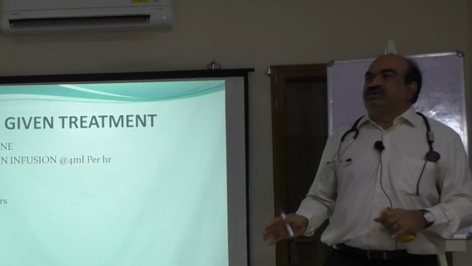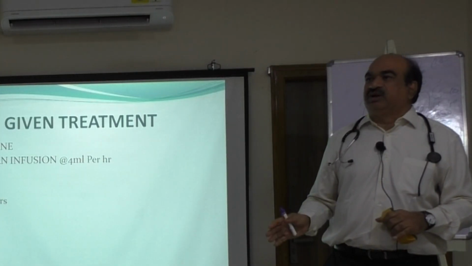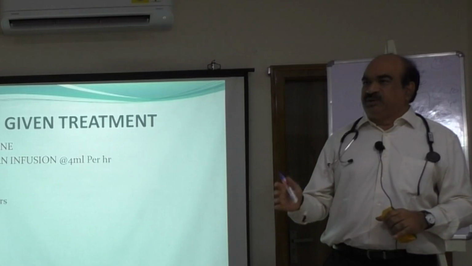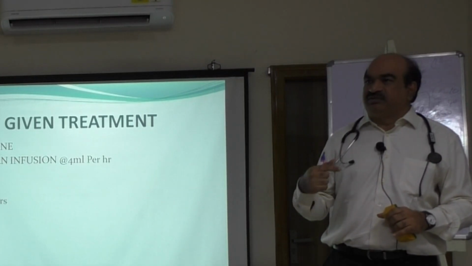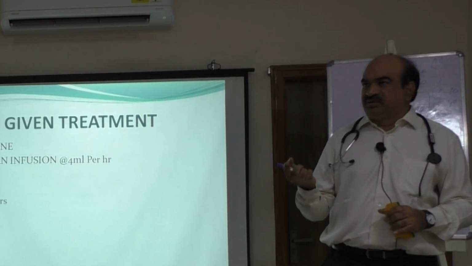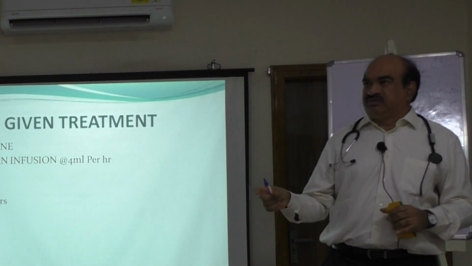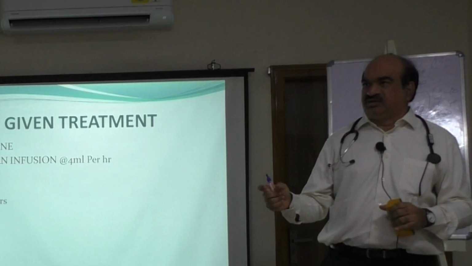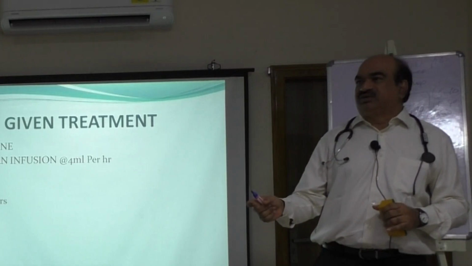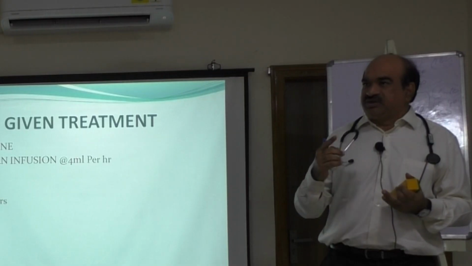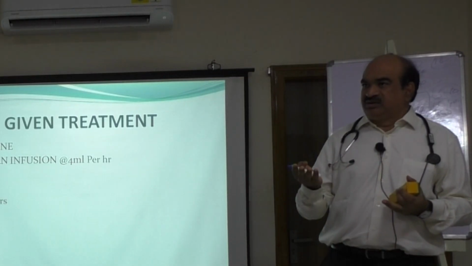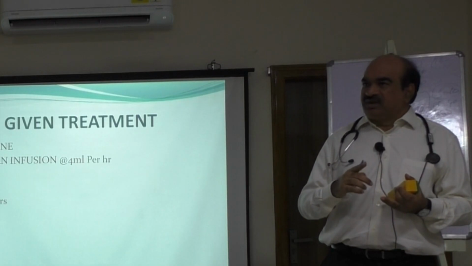Other mechanisms: in any patient with acute myocardial infarction, because of increased catecholamine levels, there will be redistribution of potassium, a shift of potassium into the cells. That can cause mild hypokalemia. Or the acute MI patient has vomiting, which can cause hypokalemia.